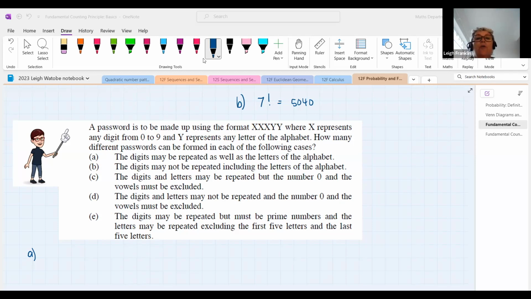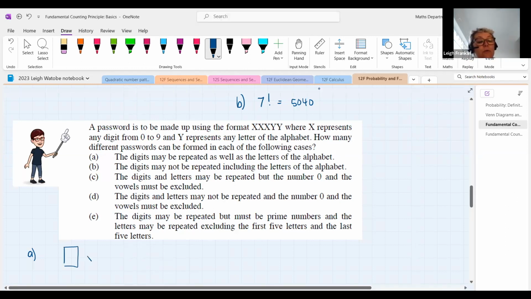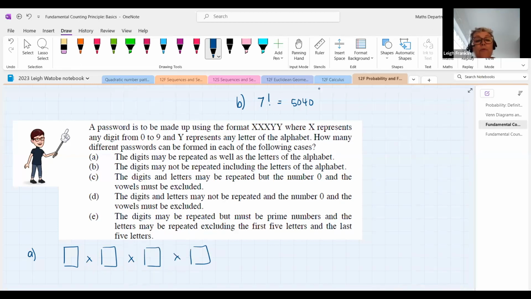So, all right, but it's more than that, Lesejo, because remember, we want X, X, X, Y, Y. So we want digit, digit, digit, letter, letter. So how many boxes have we got? We've got 5 boxes.